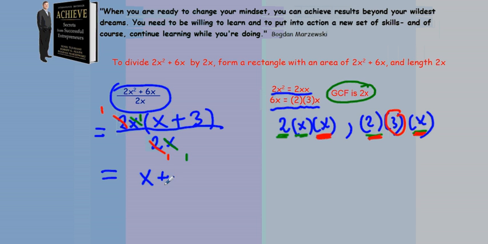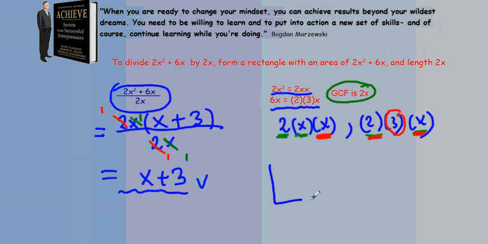And this is what we saw on the diagram on the previous page when the algebra tiles model was used. So remember, to divide a binomial by a monomial, all we have to do is find a common factor. Once the common factor is established, you proceed with the division step and you simplify to get the answer.